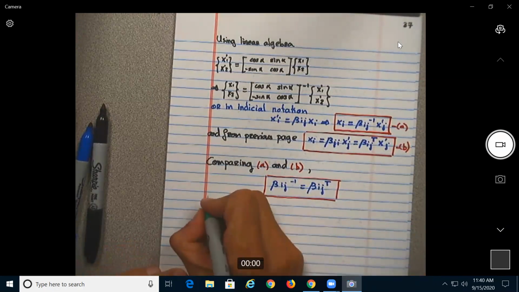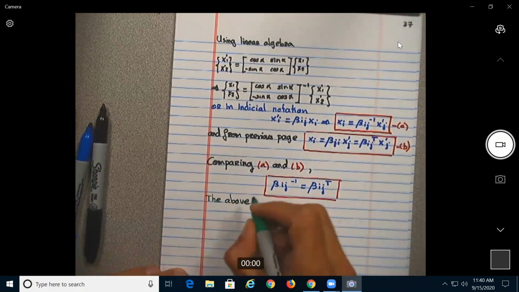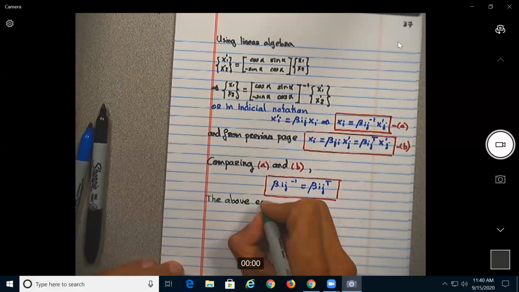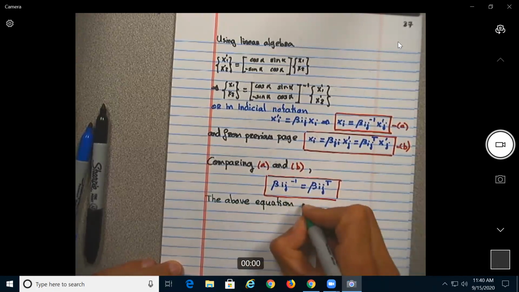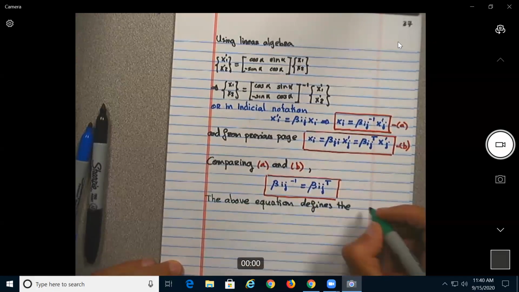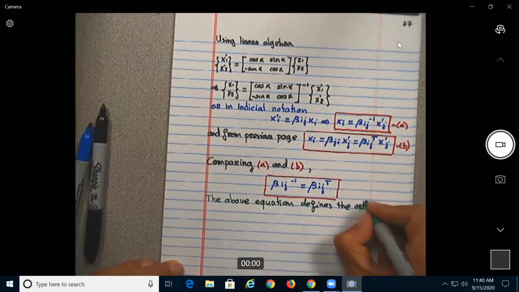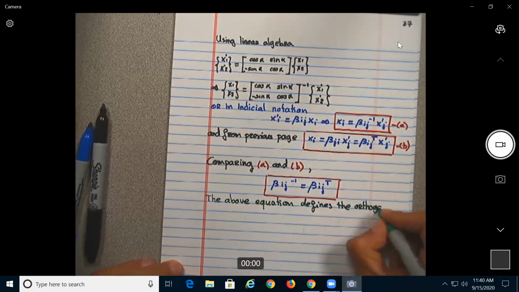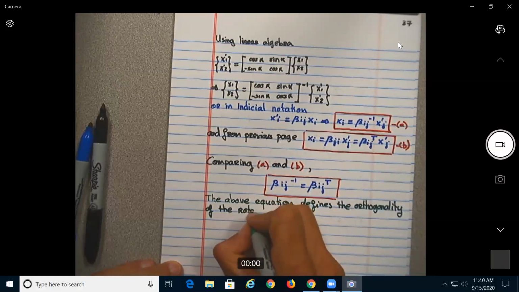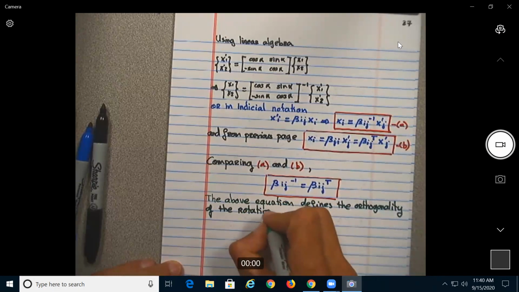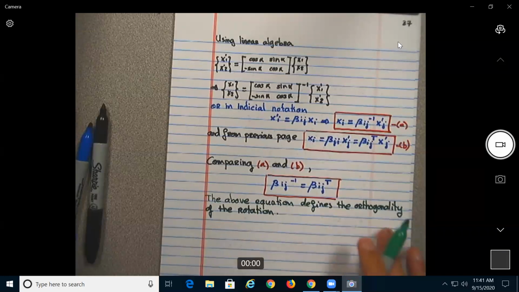The above equations define the orthogonality of the rotation. If the two systems are orthogonal and you produce the rotation, this should be valid. That's basically what it means.